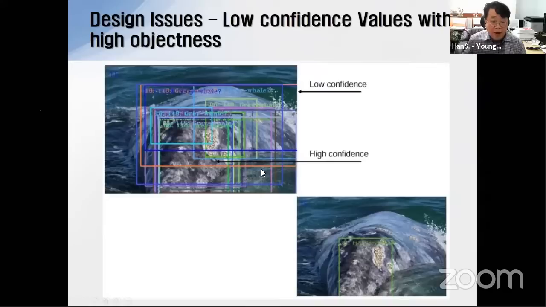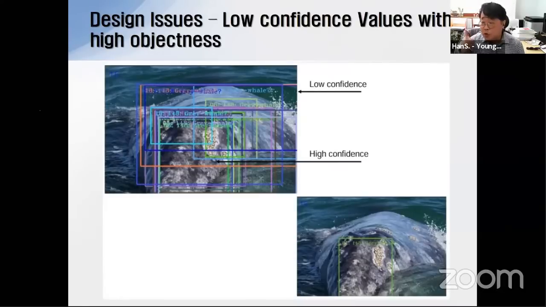There is a way. You can propose several bounding boxes around the whale, and then classify each part of the image with a machine learning algorithm or deep learning algorithm. There are several bounding boxes that are classified as the whale, but there are so many bounding boxes around the whale.